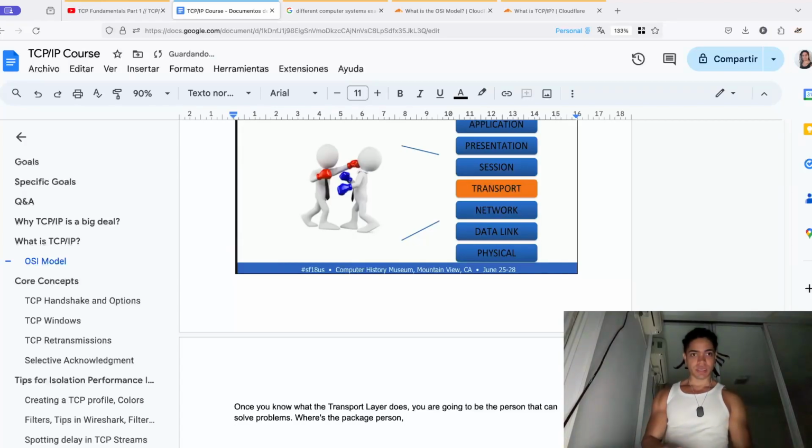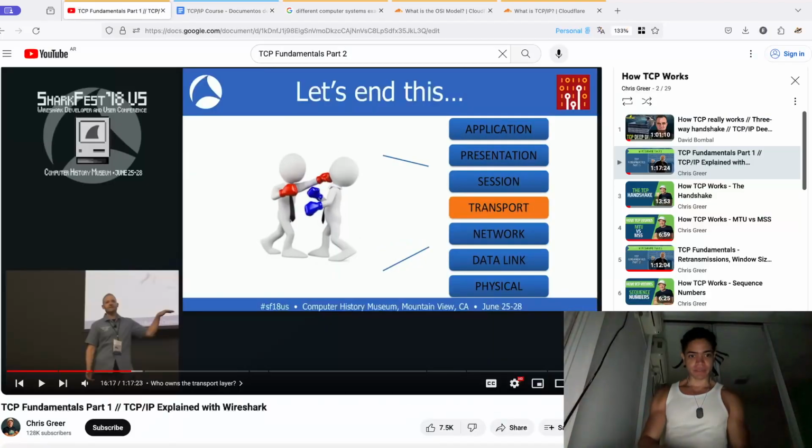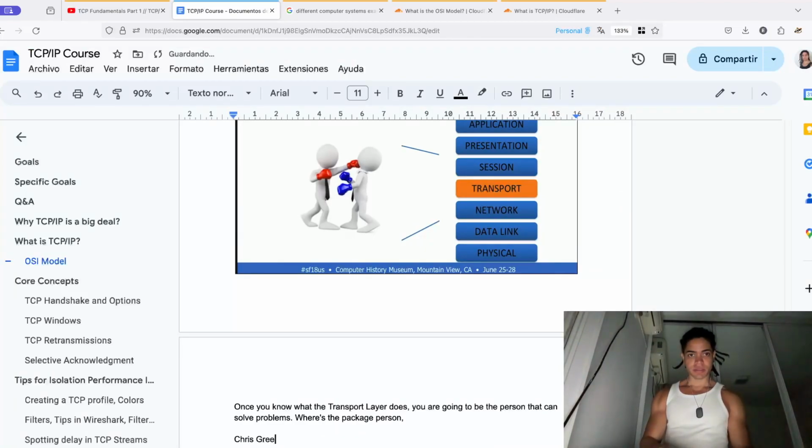So, Chris Greer, since he started as the network guy, he slowly realized the importance to learn more and more about the transport layer.